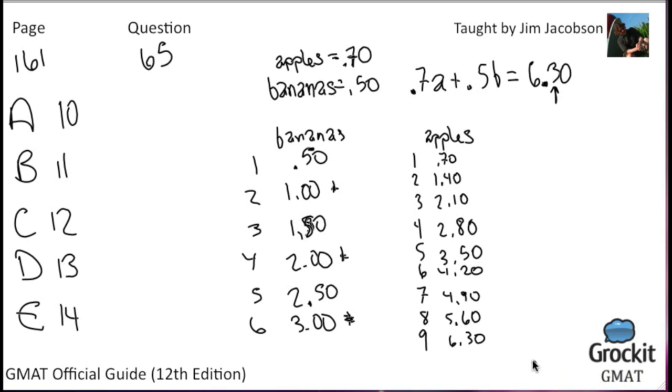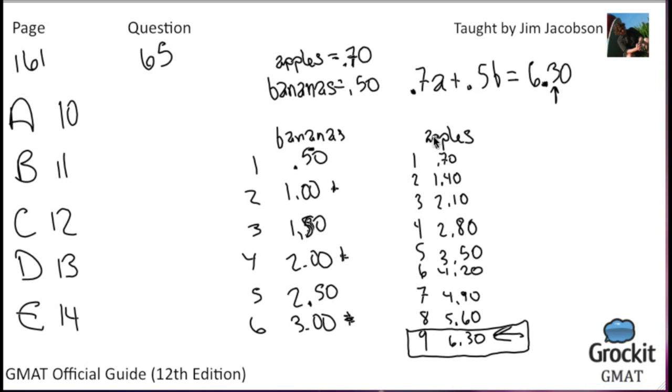So of course the first thing we might jump on is nine apples sold at 70 cents each actually gives us 6.30, but the problem actually states that the customer did purchase both apples and bananas. So since this option allows for only apples and no bananas, that can't possibly be it.